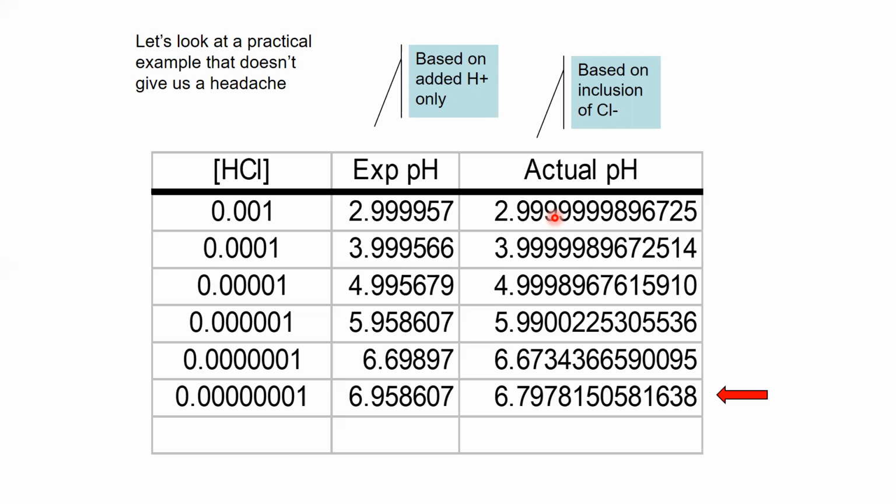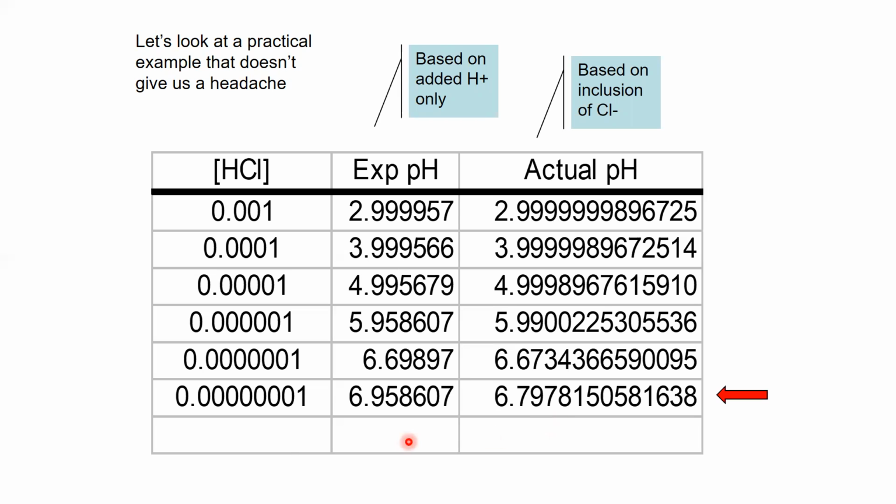So the difference is less than impressive at high molar values of H plus or HCl, but at physiologic concentrations of H plus, you can see that the pH differs significantly.